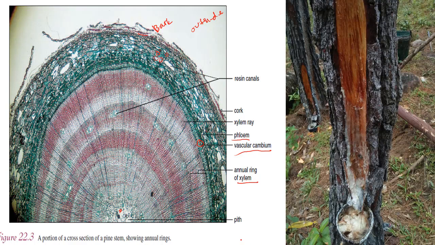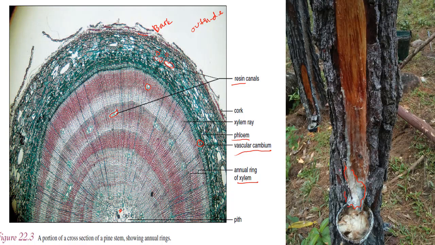What's unique here is that they have a structure we call resin canals. It's a structure that produces resin. This is what resin looks like, and we use it for many purposes. Many chemical substances that we use come from resin.